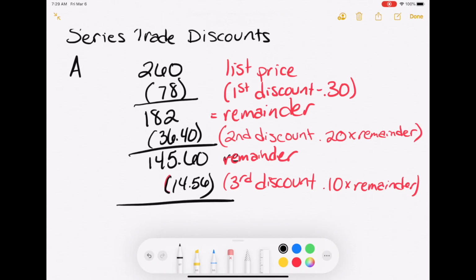So we end with our invoice price, that's ultimately what we are looking for, of 131.04.